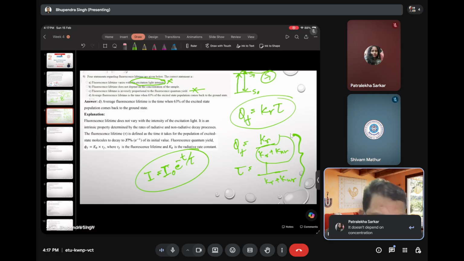It doesn't depend on concentration. Yes. So fluorescence lifetime does not depend on the concentration of the sample. This is the inherent property of the molecule, the lifetime, how much time it will spend in the excited state. So option B is correct, right?